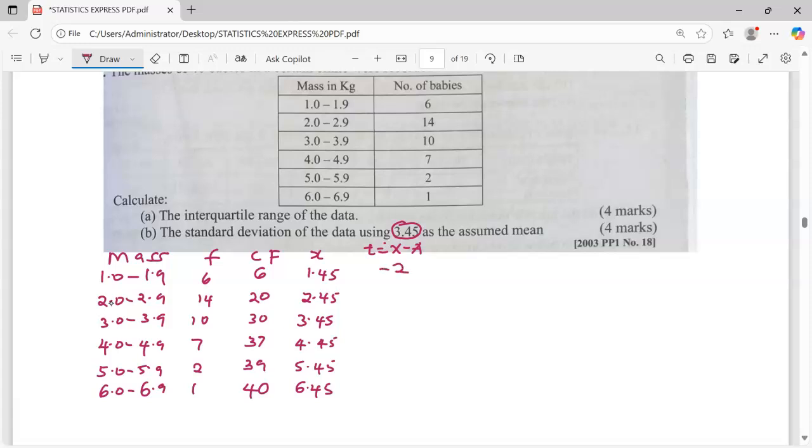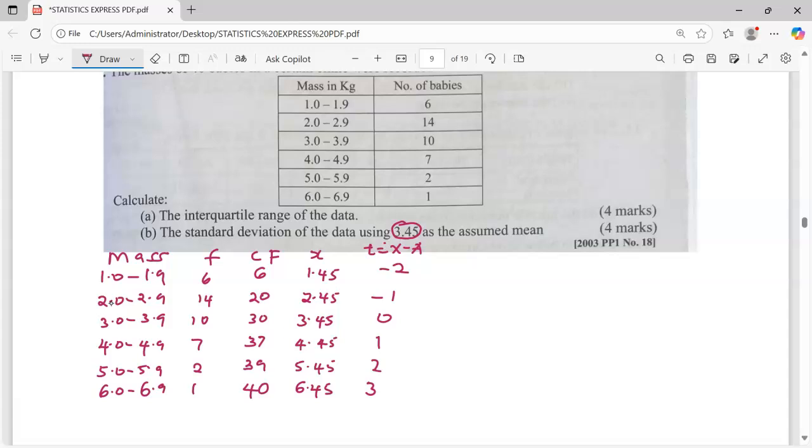If you take 2.45 minus 3.45, you get negative 1. Next is 3.45 minus 3.45, you get 0. 4.45 minus 3.45, you get 1. 5.45 minus 3.45, which is the assumed mean, you get 2. And next, 6.45 minus the assumed mean, you get 3.